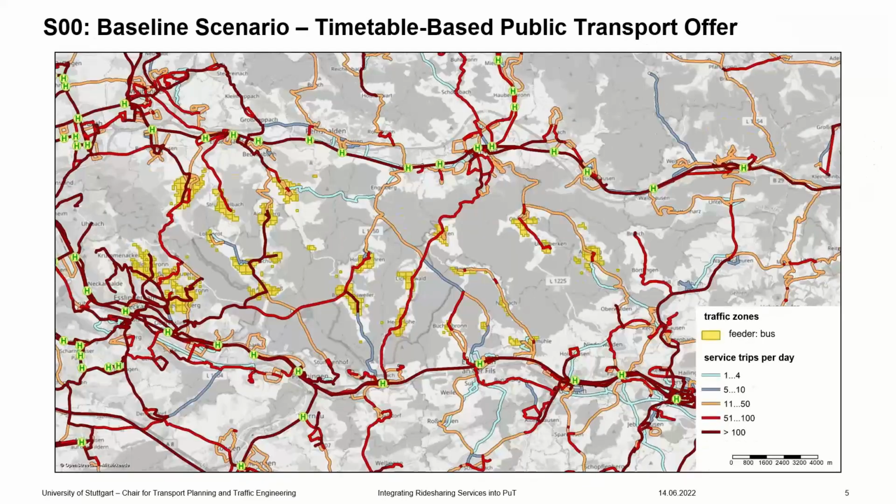So in this area, in the Schurwald, we have in the baseline scenario, so the status quo, a quite good timetable-based public transport offer. It's mostly offered by buses. And they even have headways up to 15 minutes. So it's quite a good public transport offer, I would say, for such a peri-urban area.